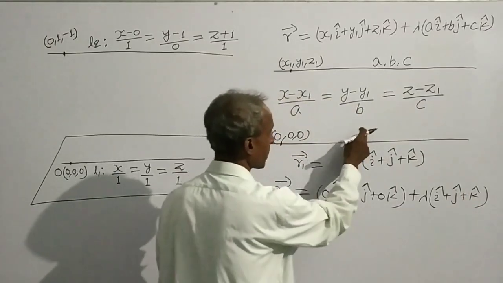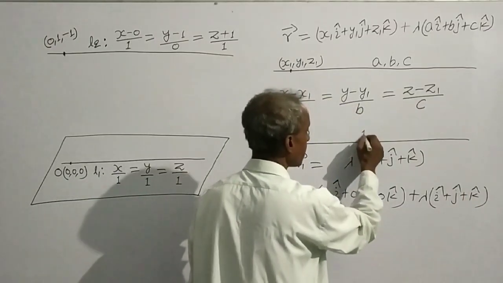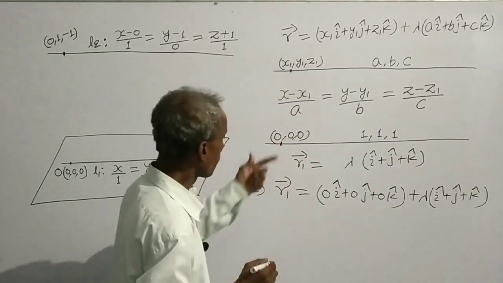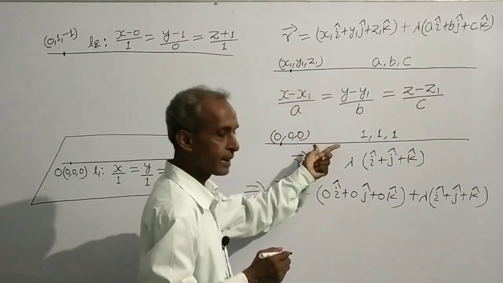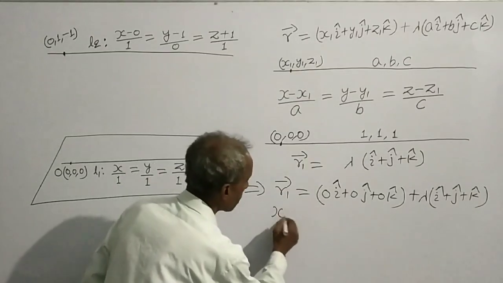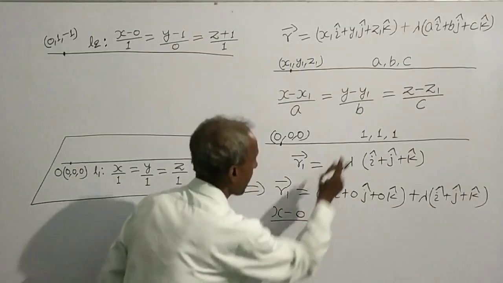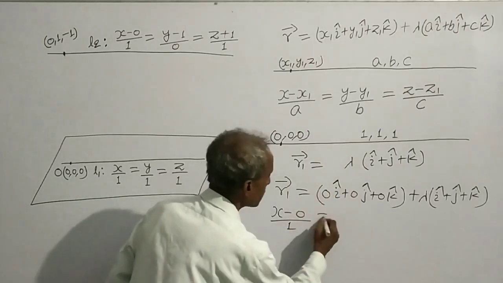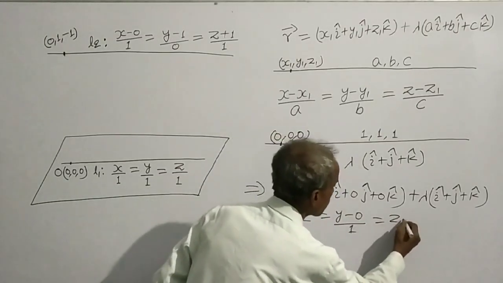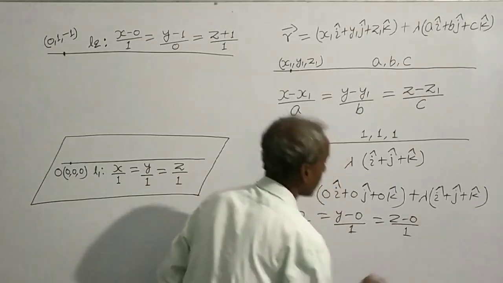That means direction ratio of this line is 1, 1, 1. Therefore, equation of this line in Cartesian form can be written as x minus 0 by 1 is equal to y minus 0 by 1 is equal to z minus 0 by 1.